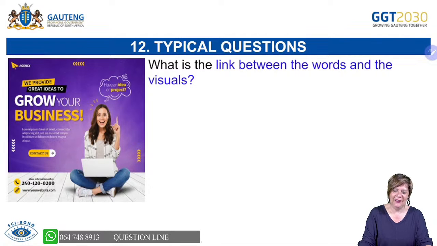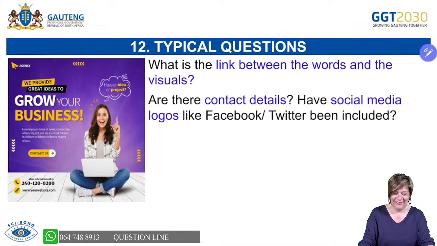Well, if you look at the lady, you'll see she's thinking, I have an idea or project. And she looks like she has one, with her fingers standing up. Can you see how it's linked together? To give the impression that this company will most surely help you.